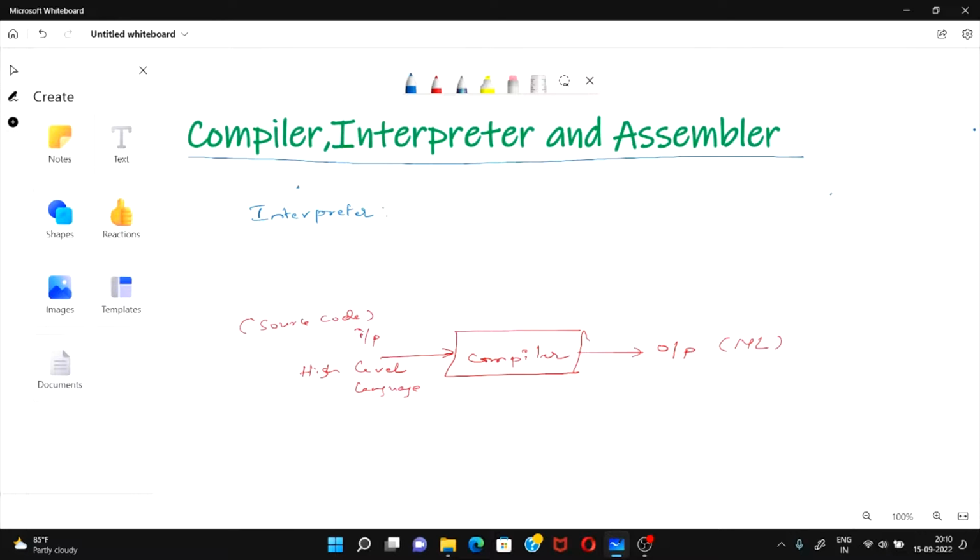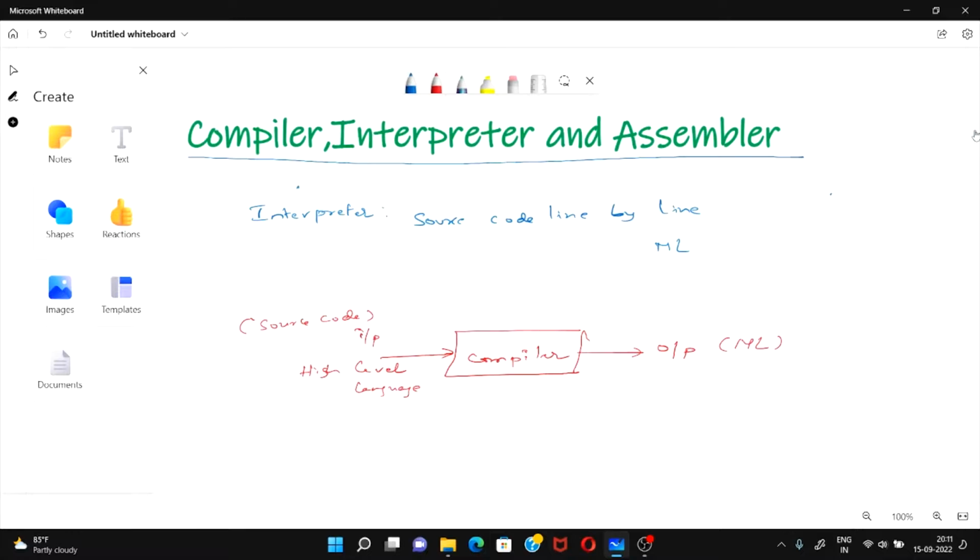Whereas an interpreter will take the source code line by line, right? It will take the source code line by line and convert it into equivalent machine understandable language. So that is the only difference between the compiler and the interpreter.